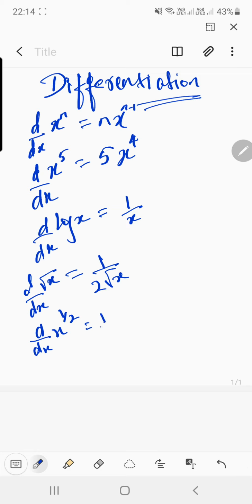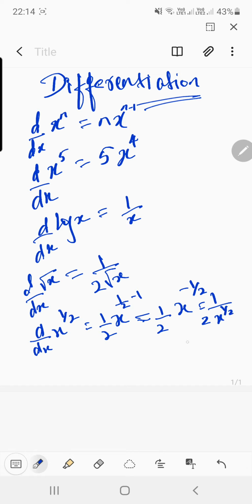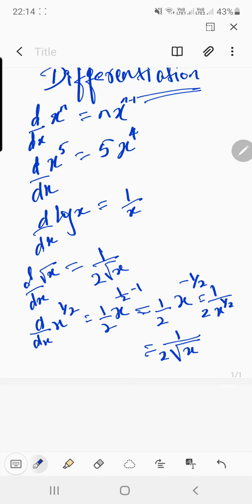So when you take the derivative, 1 by 2 comes here, and then you subtract 1 from 1 by 2, which is equal to 1 by 2 x raised to minus 1 by 2. And this can be written as 1 upon 2 square root of x. This is how you get these formulae.